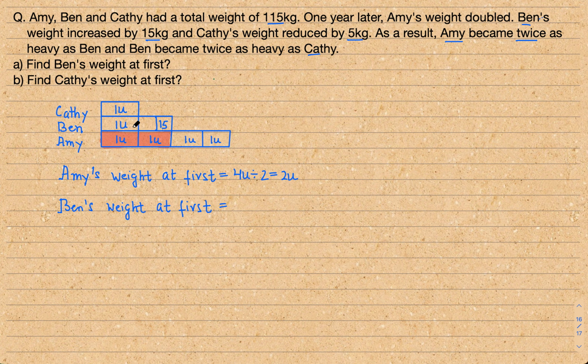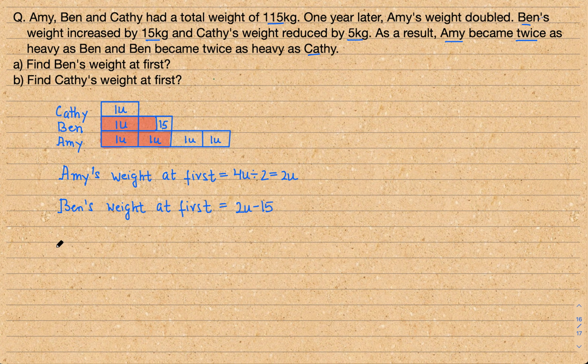Earlier he was only this much, 1 unit plus something else, but whatever it was, we don't know this, but we know after 1 year he was 2 units. That means before 1 year he was this full 2 units minus 15. So we can write this as 2 units minus 15.